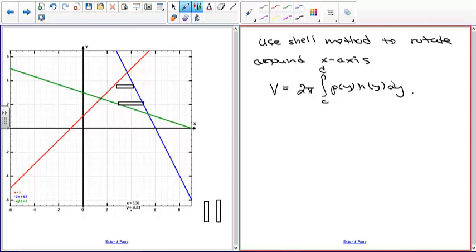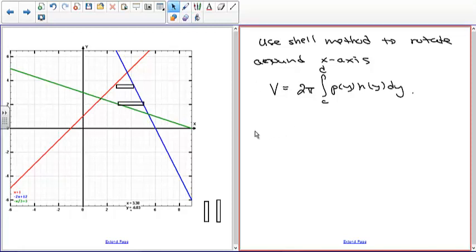So now we're going to use the y coordinates of our intersections to find the limits. We also need to rewrite the three equations in terms of y. So that's what we're going to do first. I'll do the first one, and I'll let you do the second two, or at least give you a head start.